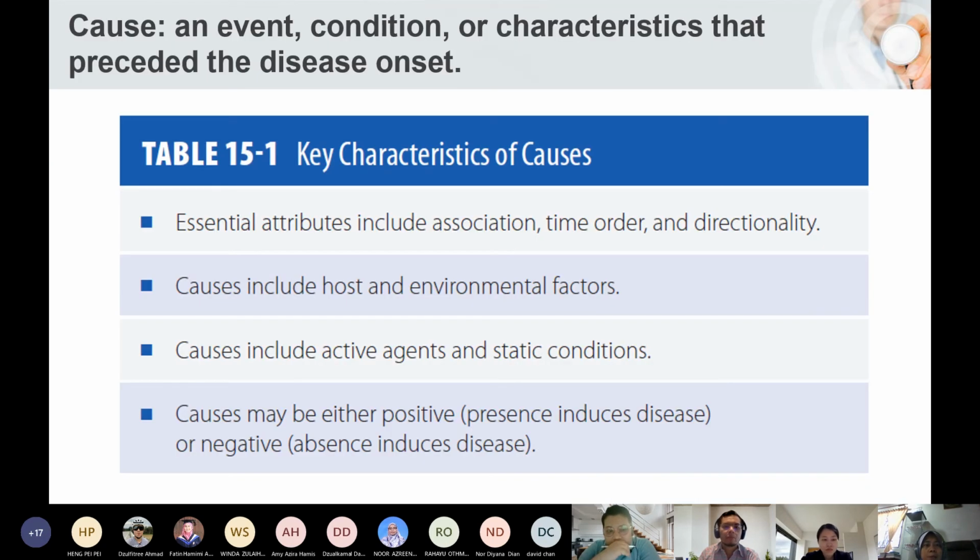Okay, these are the key characteristics of causes: essential distribution attributes which include association, time order, and directionality.